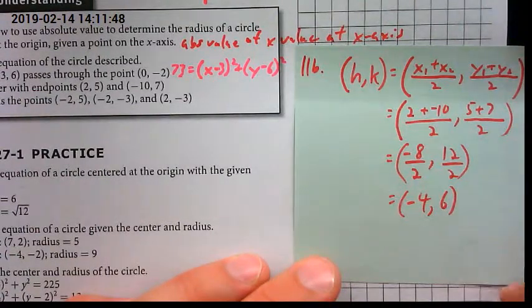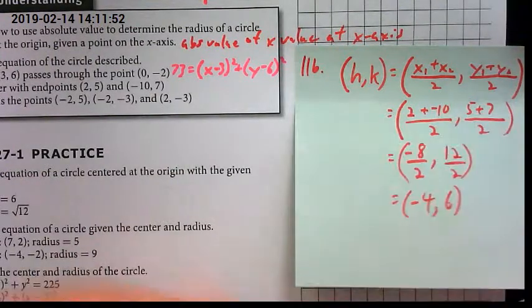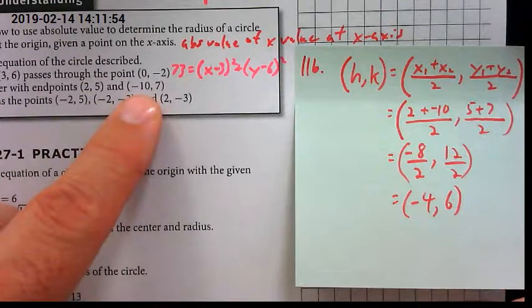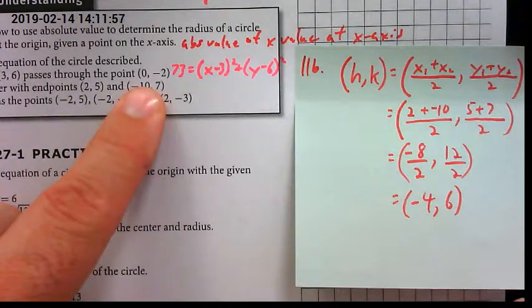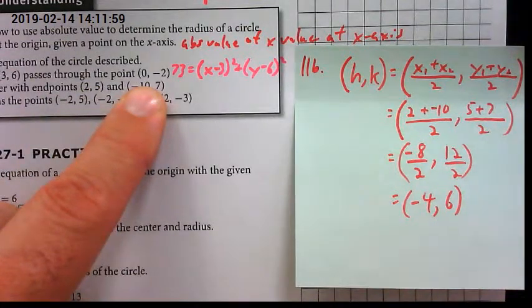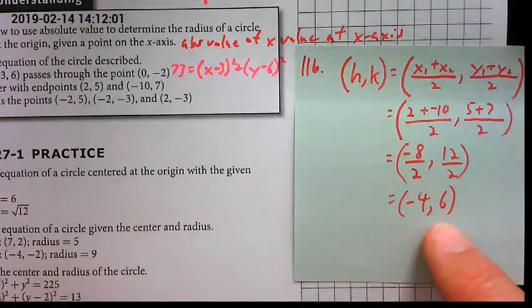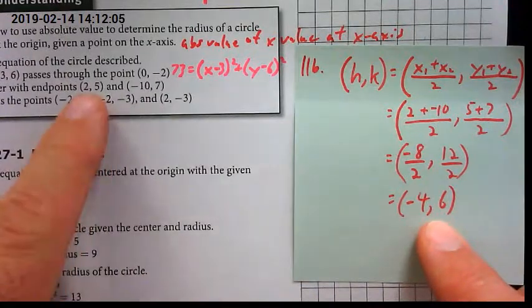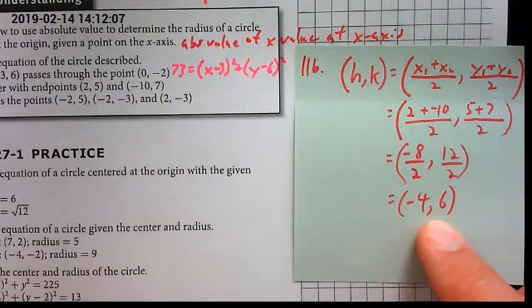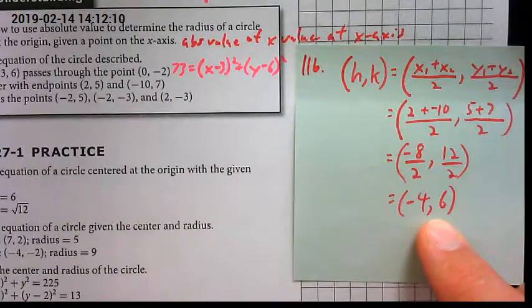So now we can find the radius. And you have one of two options here. You could either take the values that you have there, find the distance between them, and divide by 2. Or, now that we found the midpoint, which is our center of the circle, we can use either one of those other 2 points to find our radius. Or really, we only have to find the radius squared.